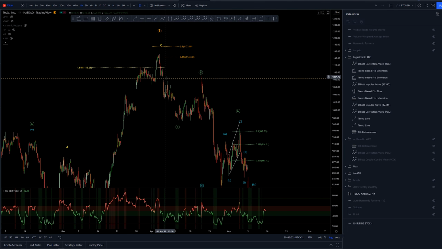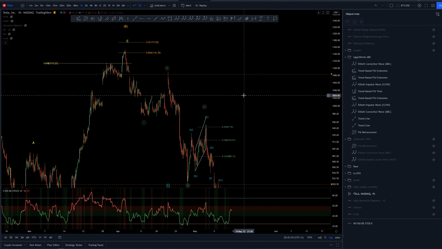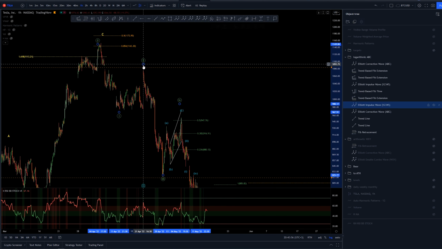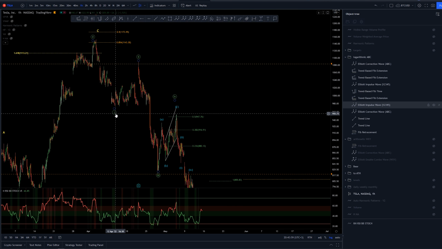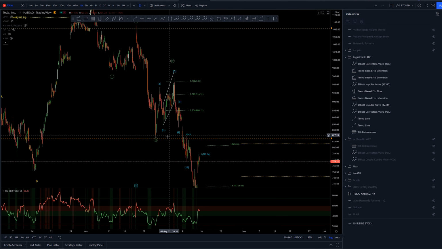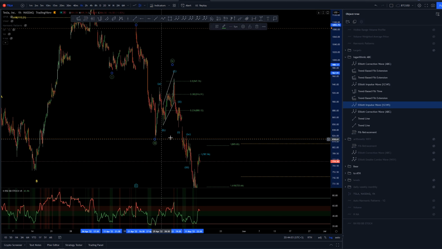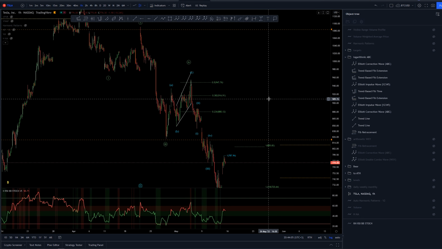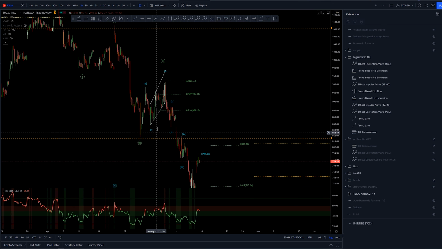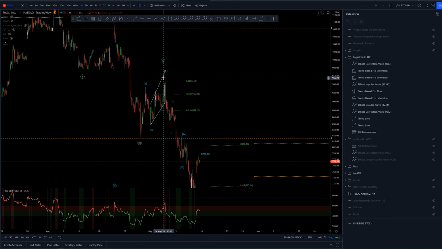Again, gaps are forming, they're not helping with Elliott Wave stuff at all. Now overall though, we could be assuming that this is 1, 2 and 3 down here, 3 waves up here, ending diagonal here.